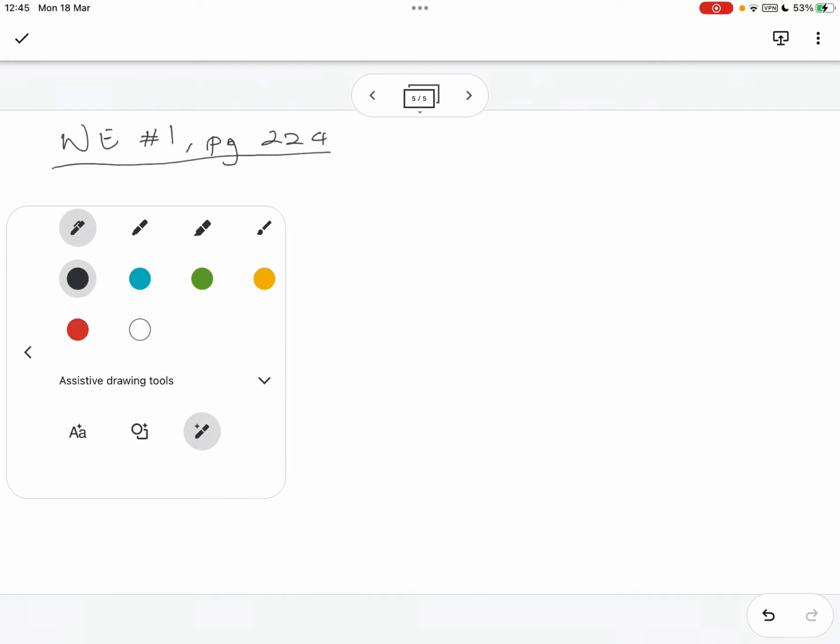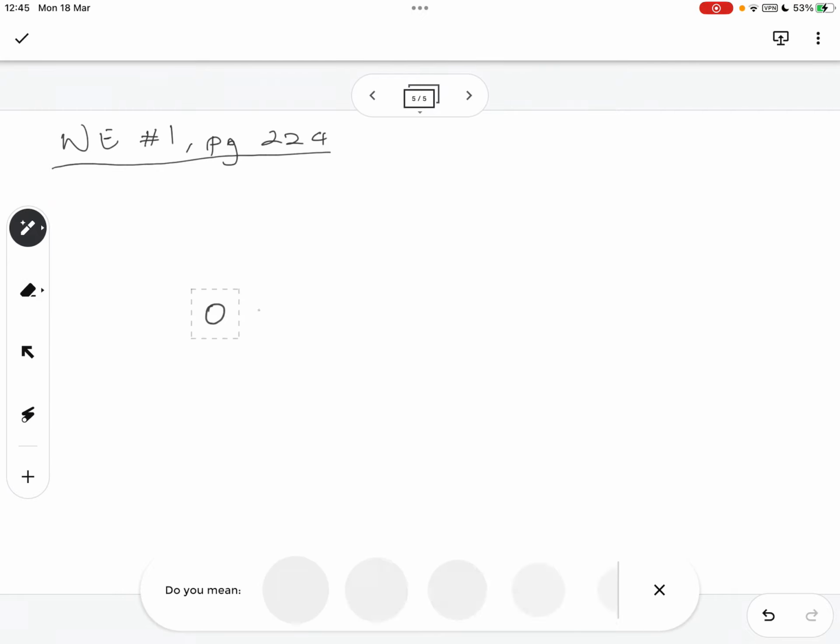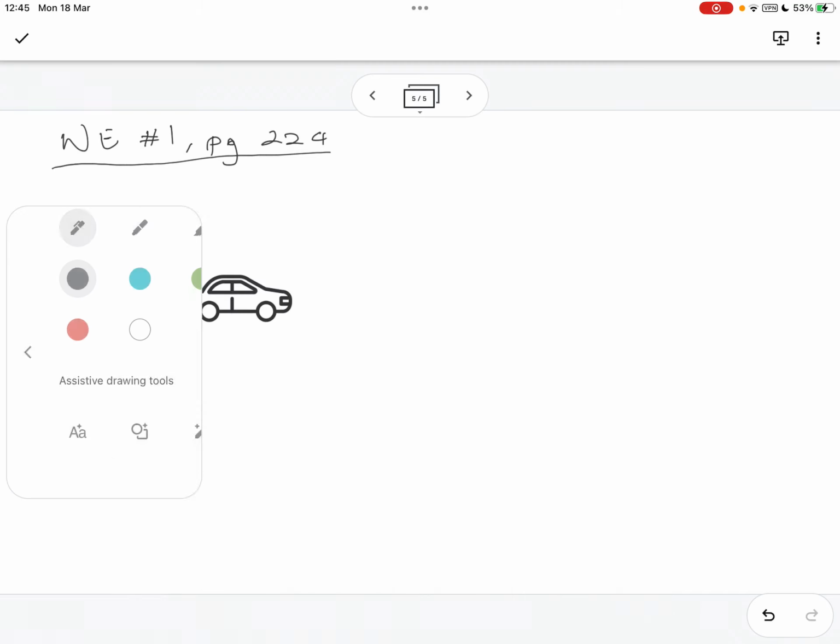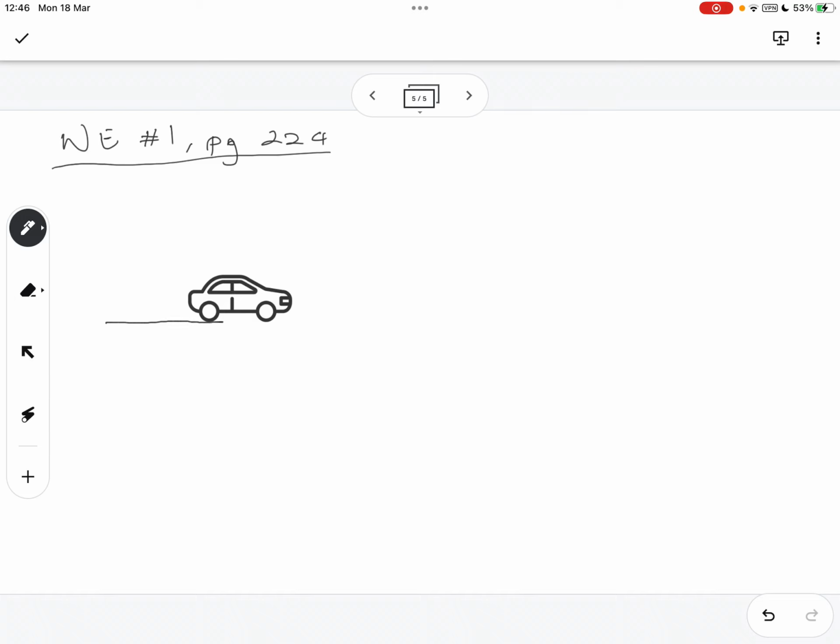We've got a car traveling on the road, and it is speeding up.